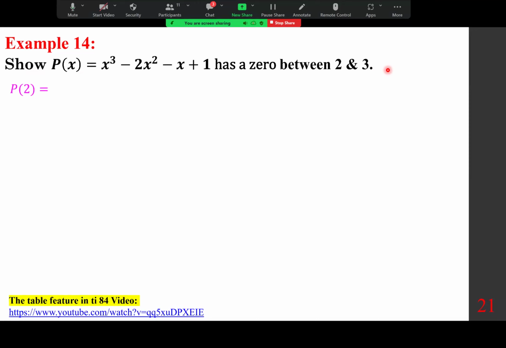So p of 2 means 2 cubed minus 2 times 2 squared minus 2 plus 1.